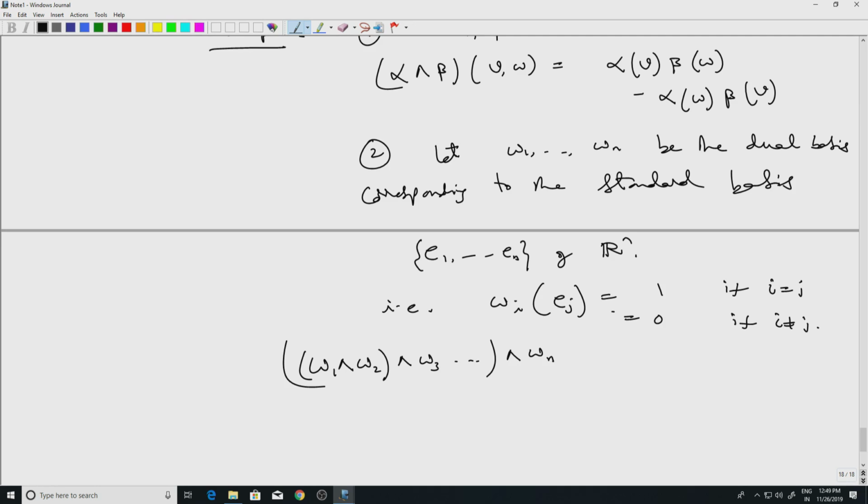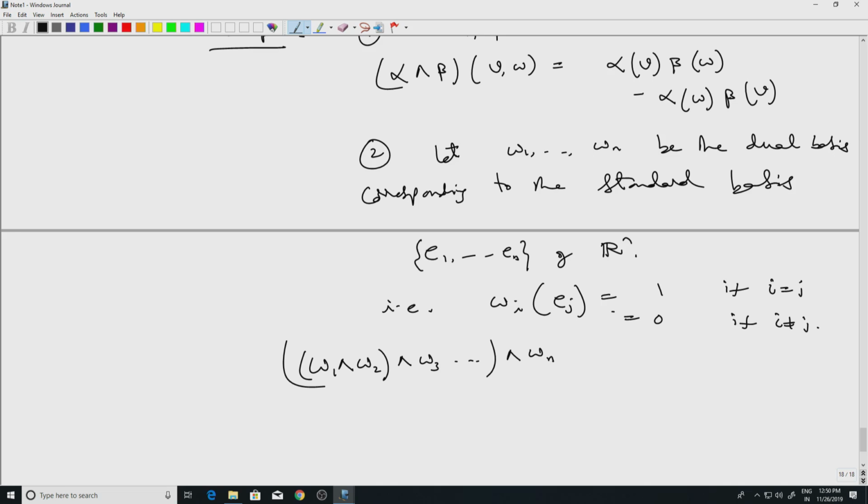Now I'm being careful in putting brackets around each of these products because at this point we have not proved that this wedge product is associative. So in fact that turns out to be the slightly non-trivial point here.